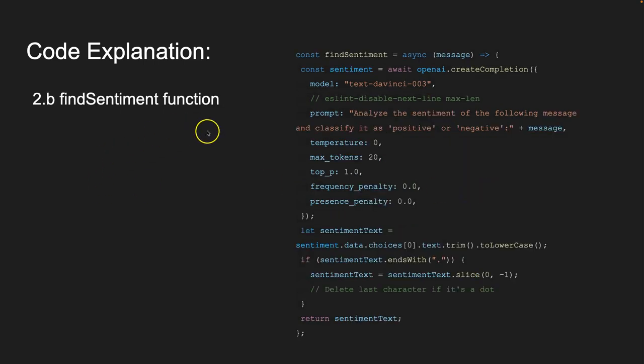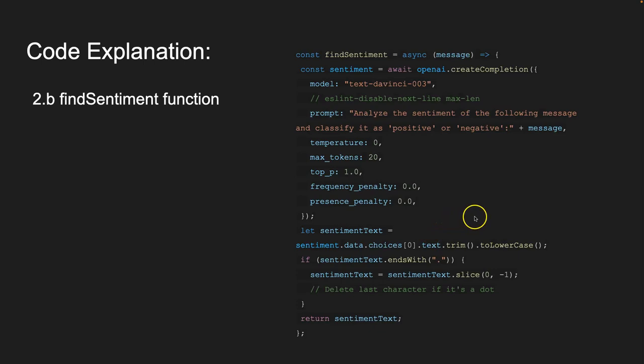On the other hand, we have the findSentiment function. It has the same model, but this time the temperature is 0 because we need to be exact, close to exactly what we input. At the same time, the max tokens is lower because it will only output the word negative or positive.